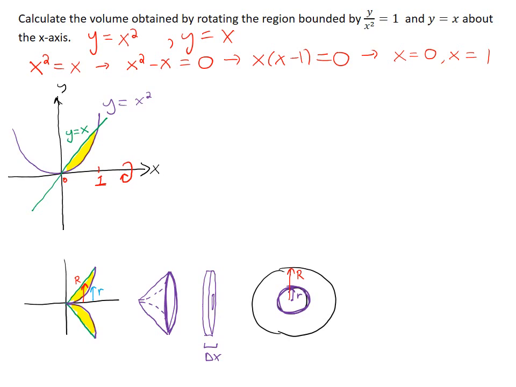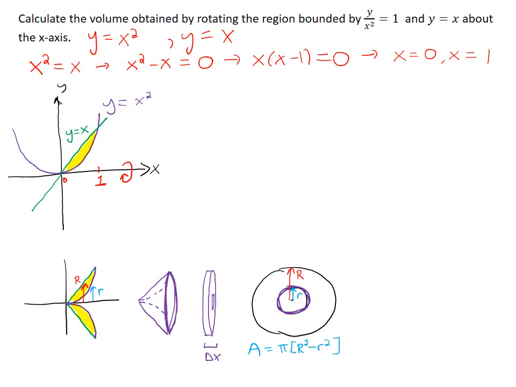If you want to get the volume of the shape, or the area of this shape, the area is going to be pi times big R squared minus little r squared. The area of the big circle minus the area of the little circle.